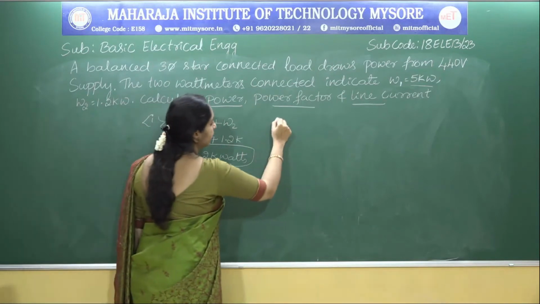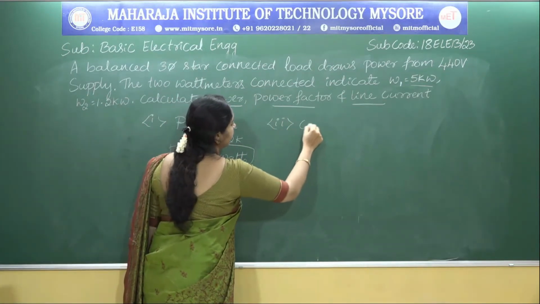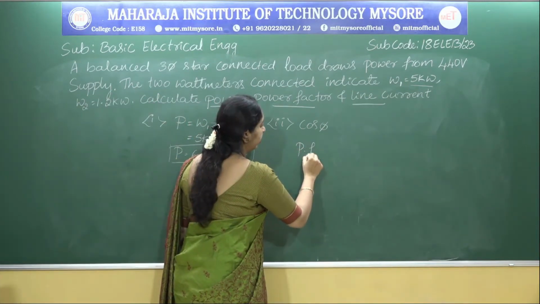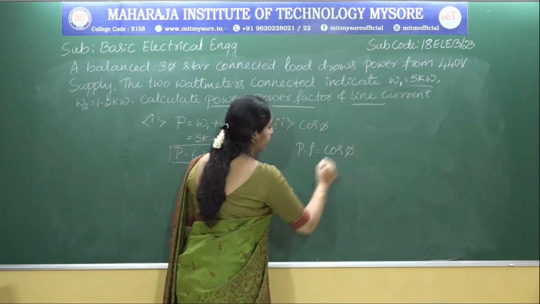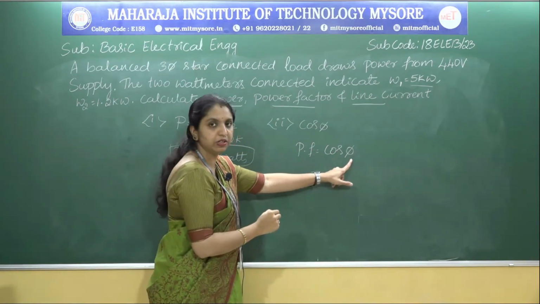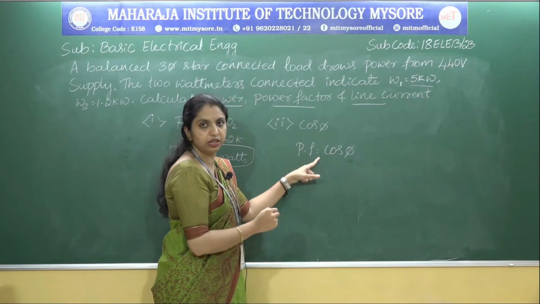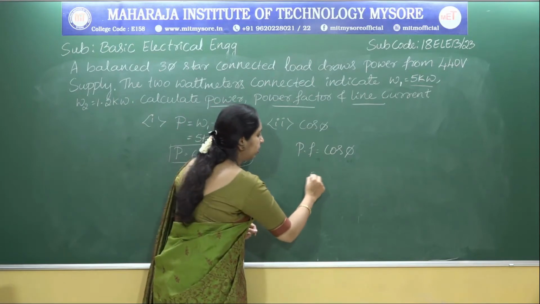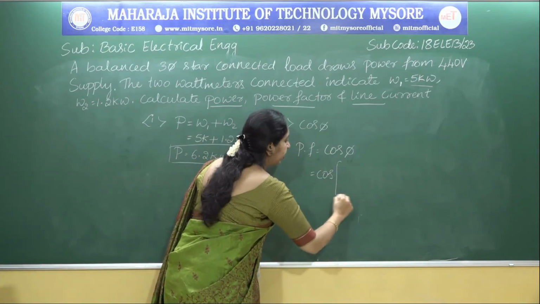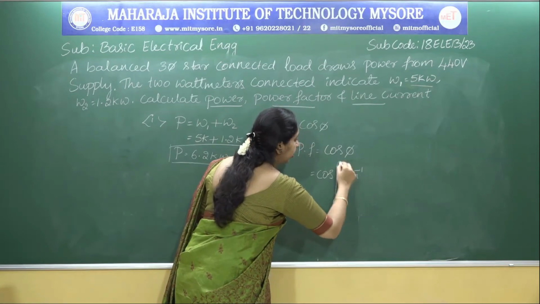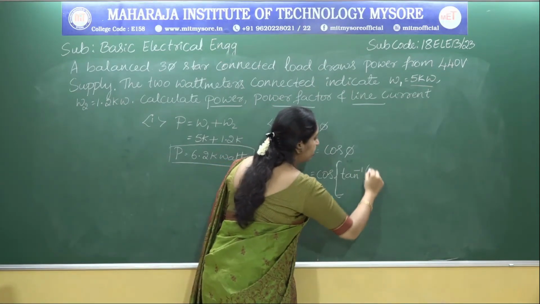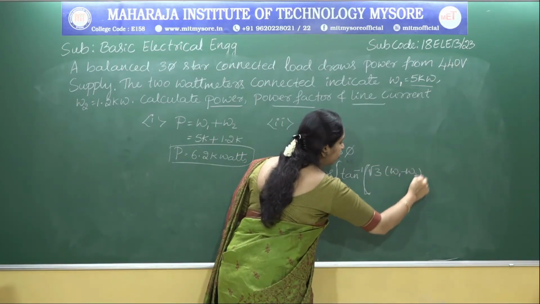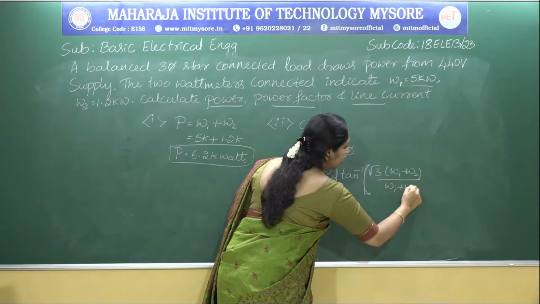The next part is power factor. We know that power factor is equal to cos phi, and now we need to replace this phi. Already we have done this derivation, that is power factor calculation using the 2 wattmeters method. Here phi is equal to tan inverse of root 3 times W1 minus W2 divided by W1 plus W2.